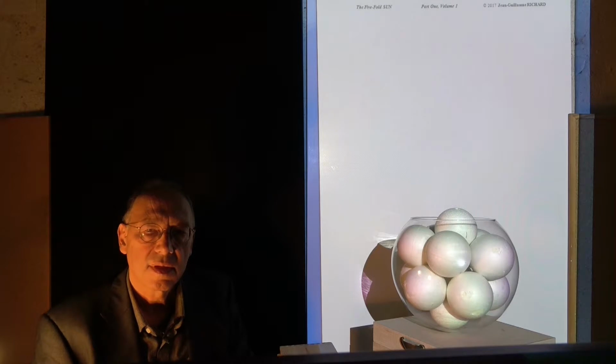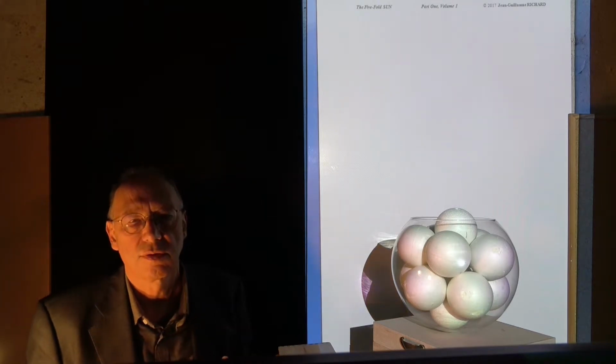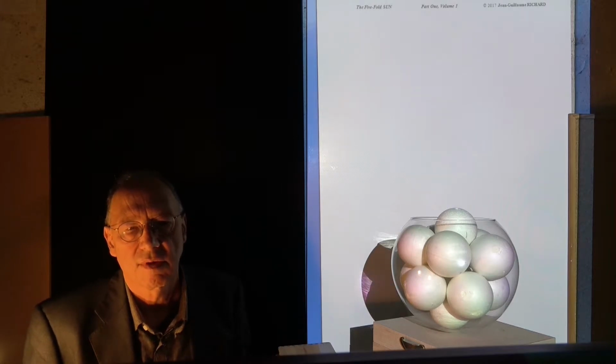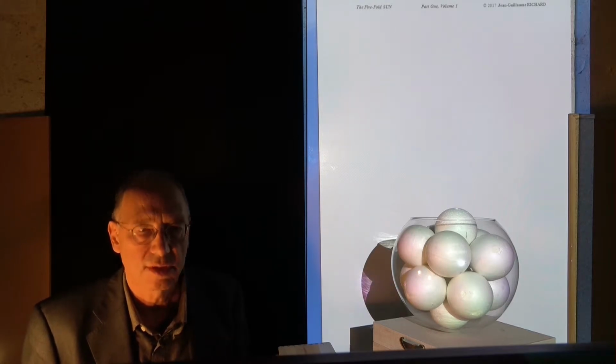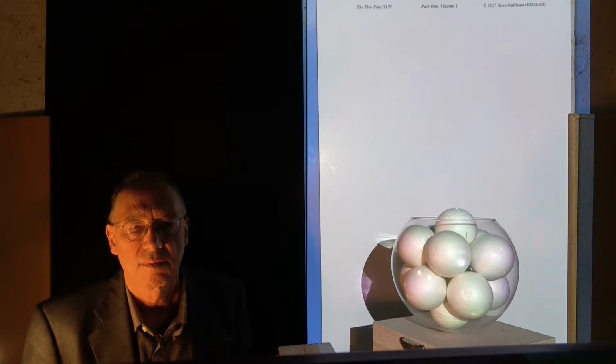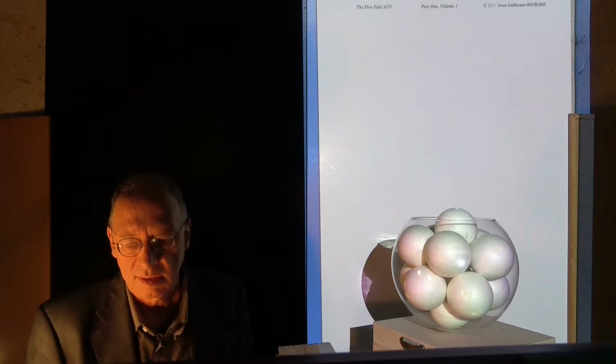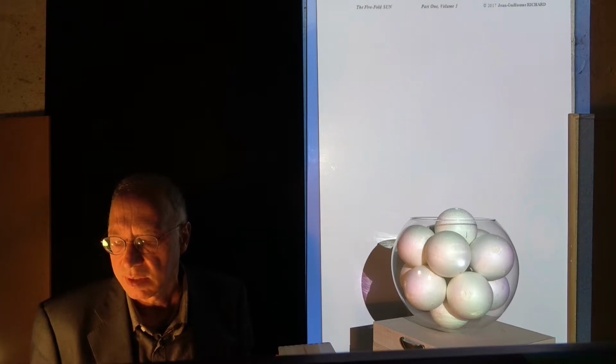So these 12 balls are mutually tangential. They are tangential to an outer spherical envelope, but they are also tangential to the imaginary surface of the internal cavity. Of course, we cannot see this in this model, but this is how it is.